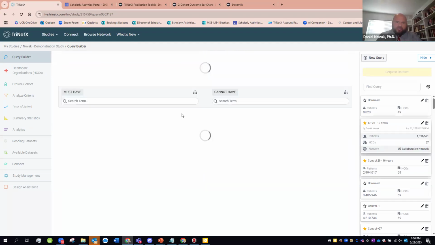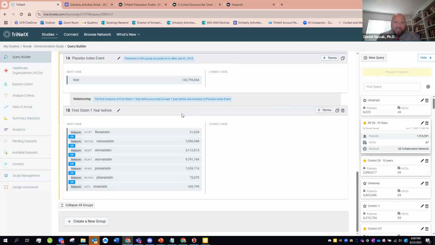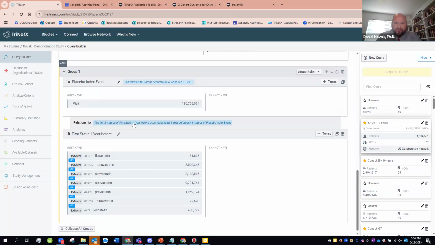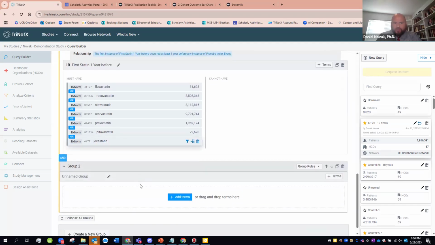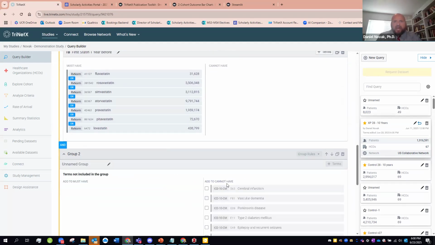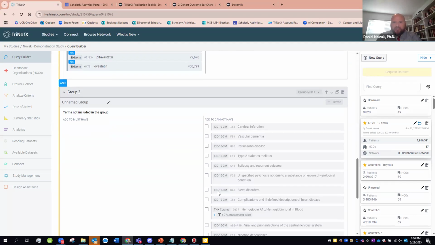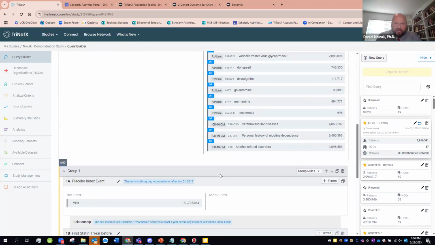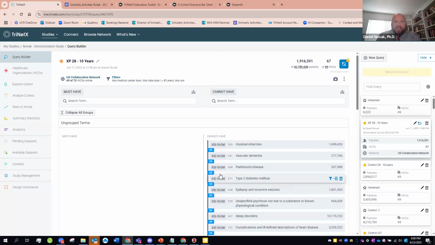But what I want to show you, of course, is how to use groups to combine things. So in this case, I created group one just by clicking this create a group button. And I added my terms to it. You can check these little boxes to add your terms to the cohort. In this case, this is my Alzheimer's-free group that is on statins that I'm comparing.